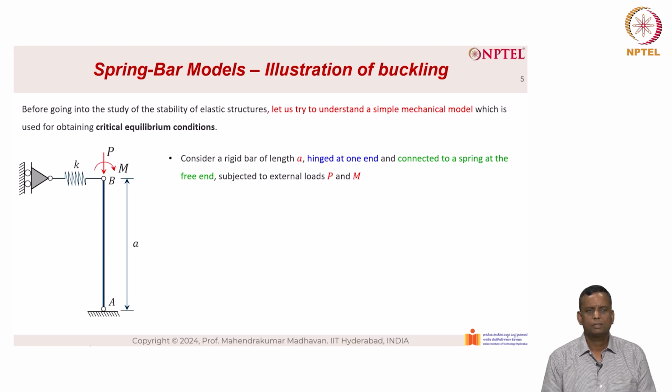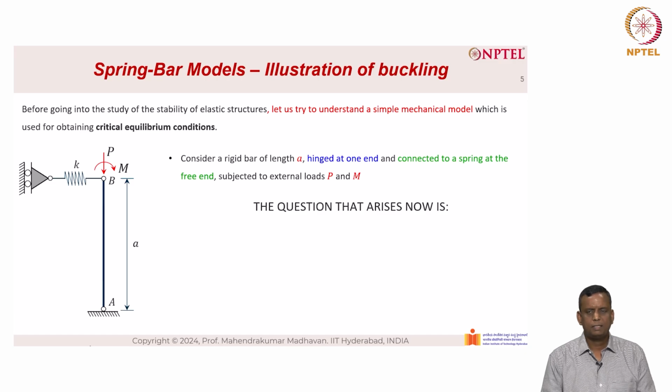So we have a rigid bar which is pinned at the bottom, free at the top, and it is connected to a spring K, which again is connected to a roller which can slide vertically, and the axial load P is applied as well as a moment M. The length of the bar is A.